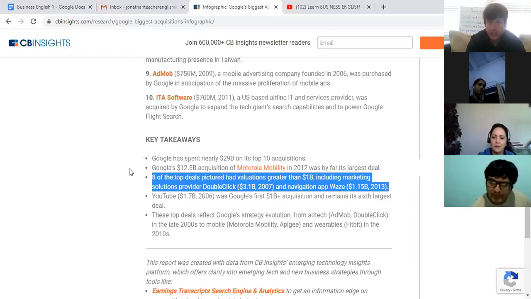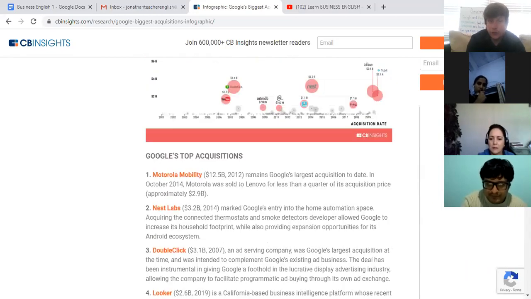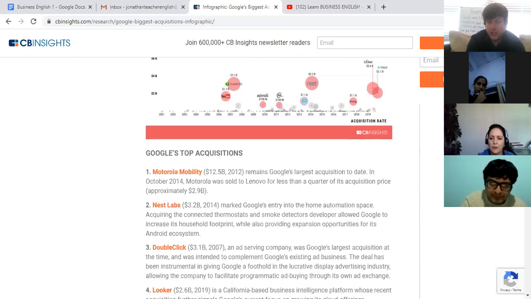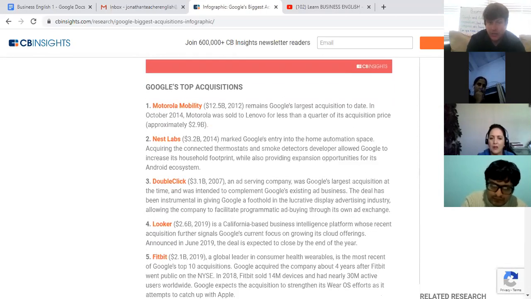Advertising and marketing is extremely popular. It's one of the biggest industries. So first was marketing solutions, like in 2007, this old company DoubleClick. Then they got into navigation. They acquired this company Waze, and they've also shown that they want to get into video streaming like YouTube, right?